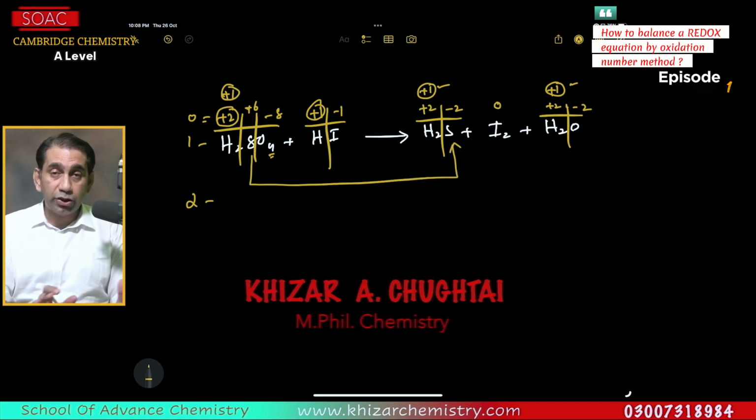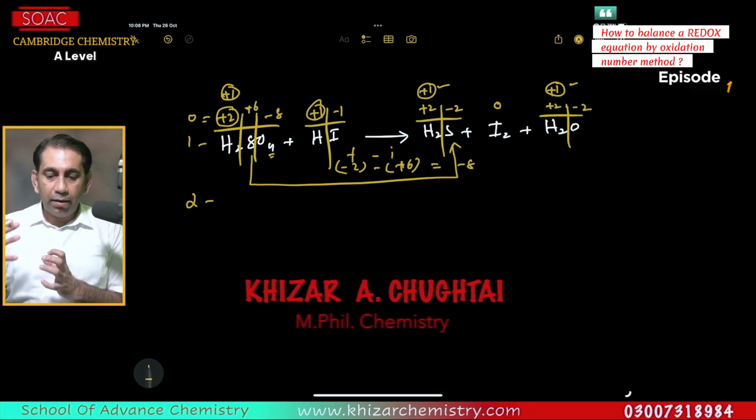So there is a change in oxidation number. What is the change in oxidation number? It is final minus initial, minus 2 minus plus 6, so the answer is minus 8. It has gained 8 electrons.